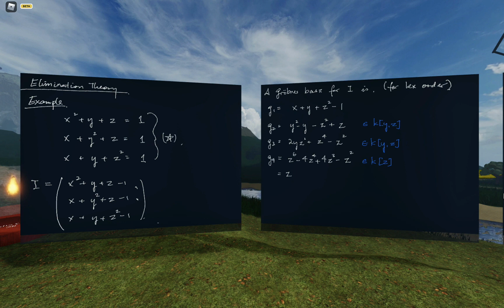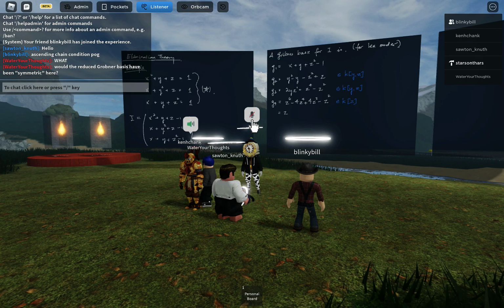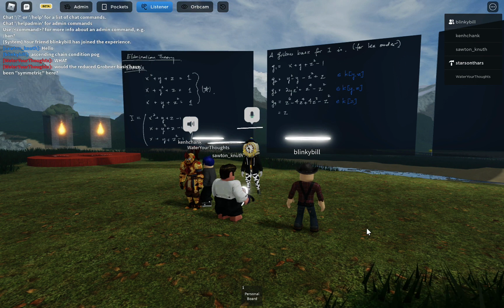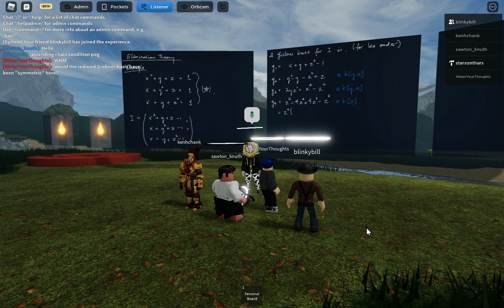Yeah. So there's no reason to believe that the reduced Grobner basis should be in some nice form. It's not even clear what nice means. It just so happens that the original set of equations looks nice to us. Sorry, Ken, I'll just make one more point here. Yeah, that's all right. I think this is actually kind of a deep question.